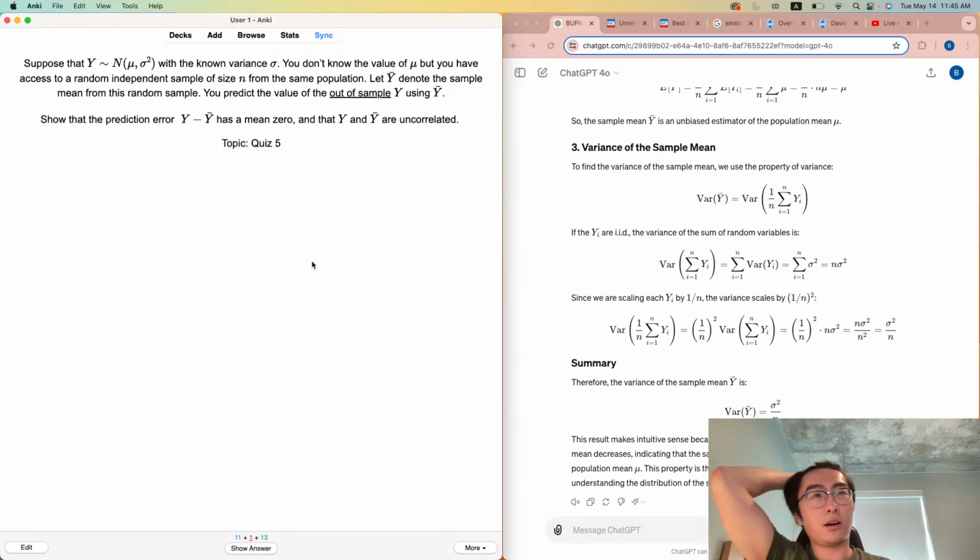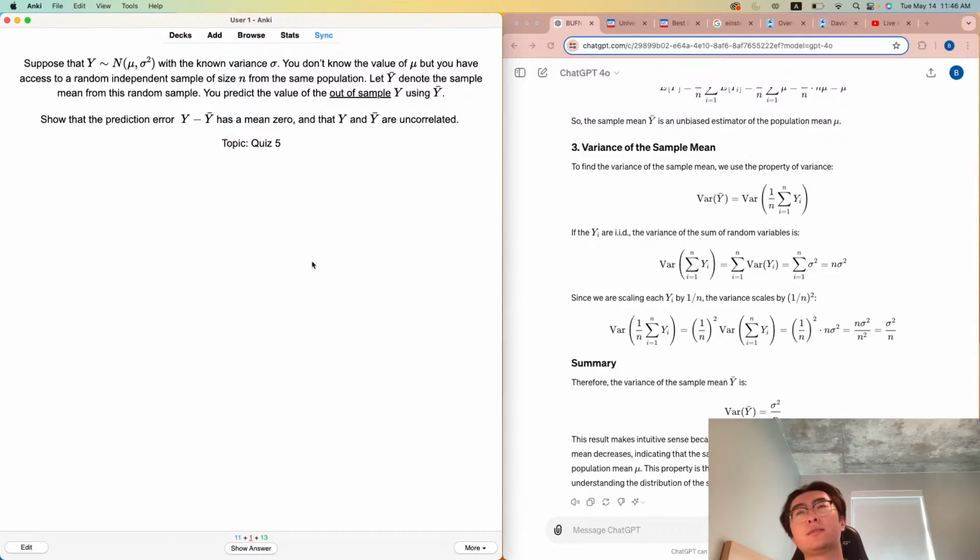Y and y bar are uncorrelated, so I think the covariance of y and y bar becomes the expectation of y times y bar minus the expectation of y times the expectation of y bar.